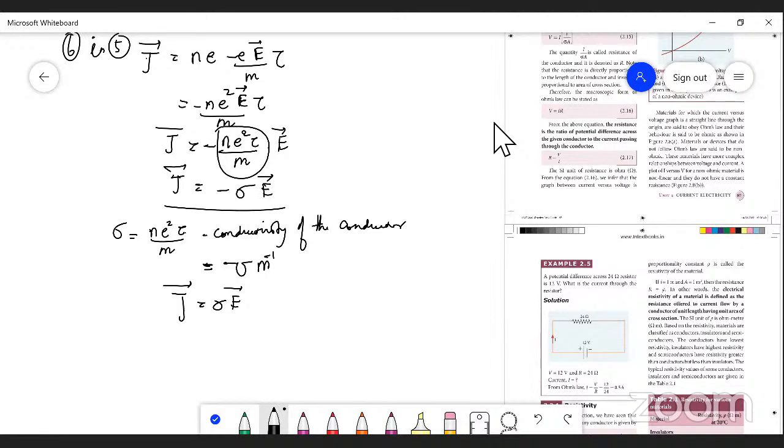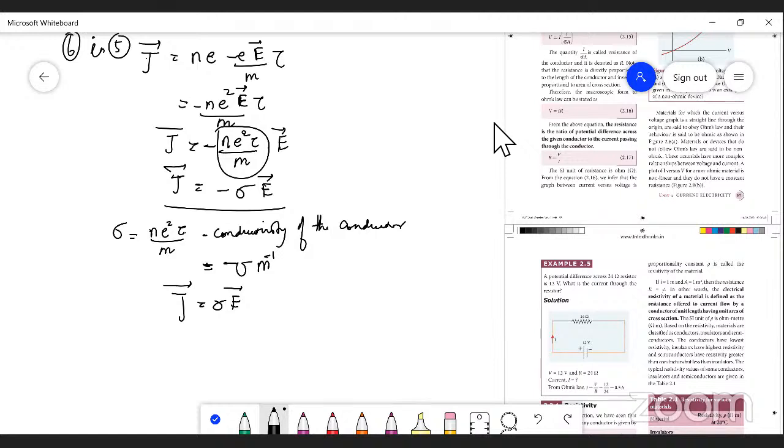So people did not want to change this idea. They follow the conventional idea that the current always flows from high potential to low potential, which in turn explains that the electrons move opposite to the direction of conventional current.